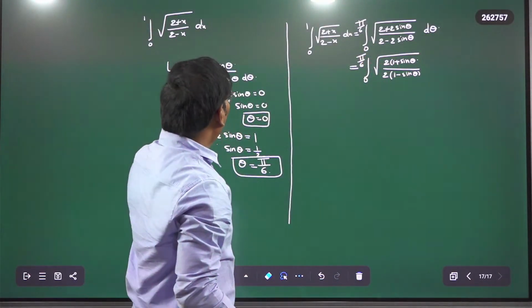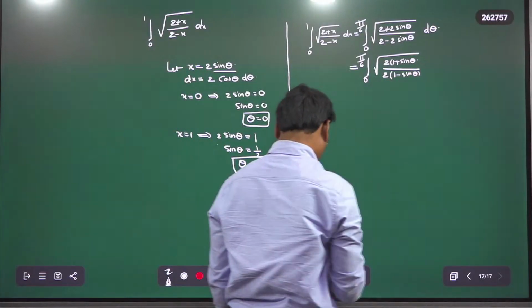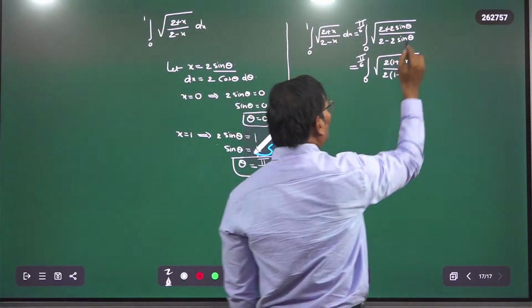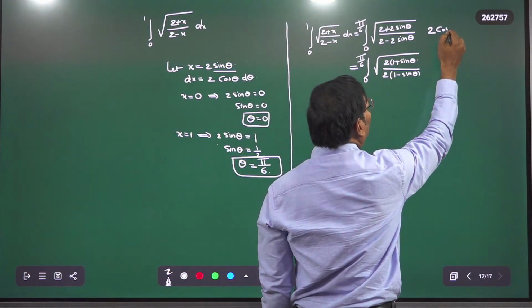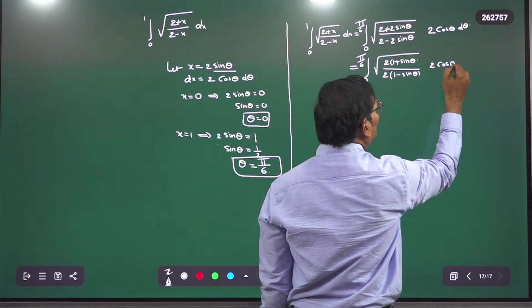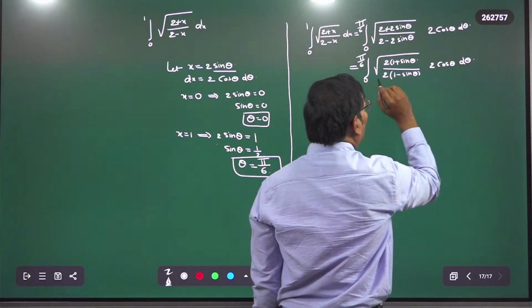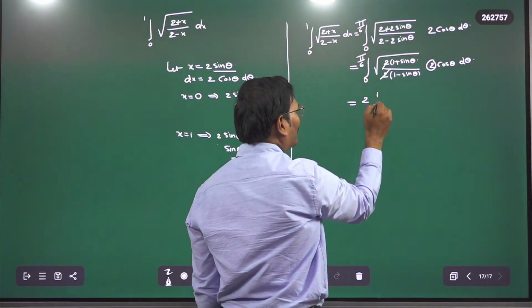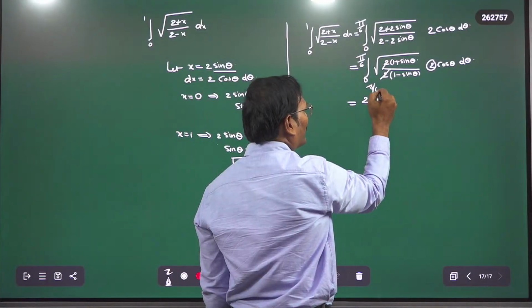And dx is equal to 2 cos theta d theta. So 2 is constant, I am writing outside. 0 to pi by 6.